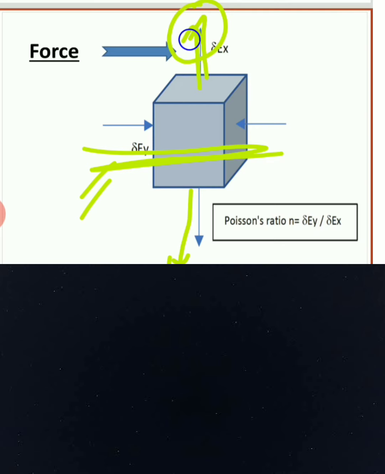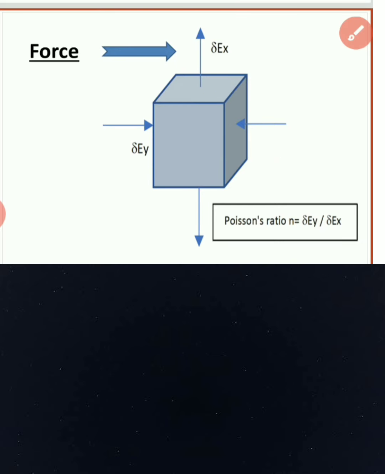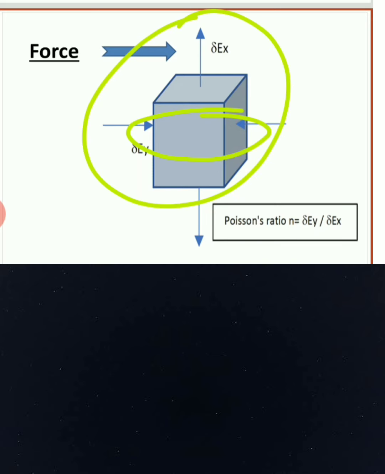So there will be a change in the longitudinal direction and a change in the lateral direction: expansion in the longitudinal direction and contraction in the lateral direction. You can take the example of rubber. When we stretch a rubber, it expands in the longitudinal direction and contracts in the lateral direction. Thickness is reduced. Because of that, Poisson's ratio is calculated. So Poisson's ratio will be lateral strain upon longitudinal strain.